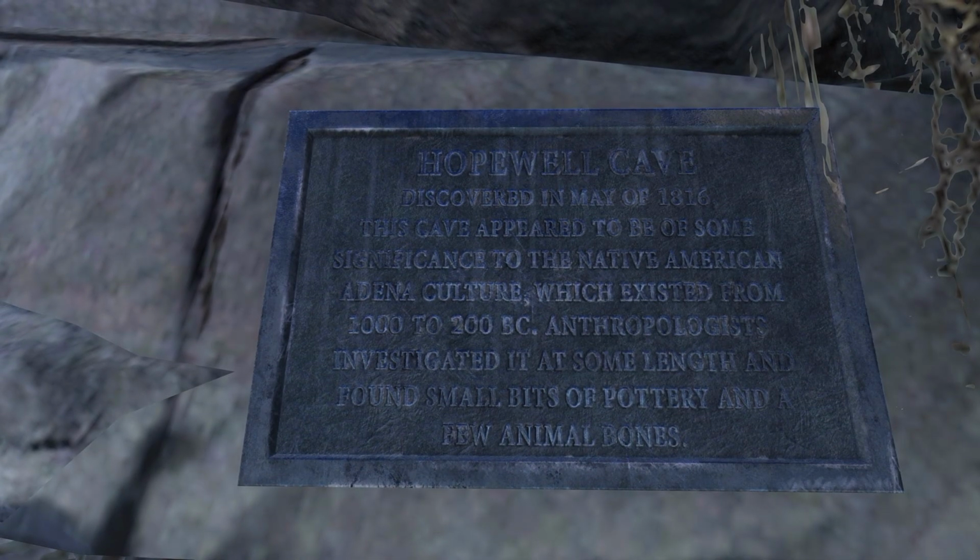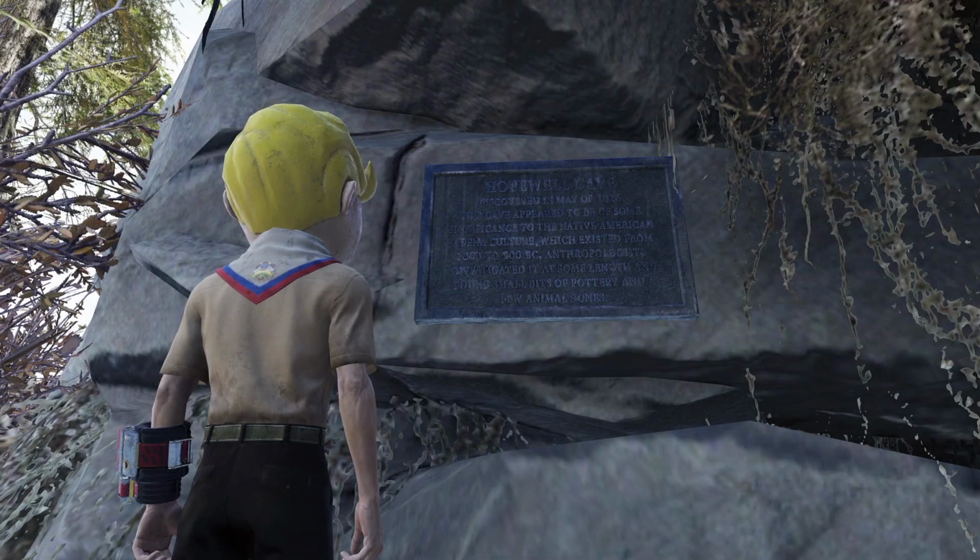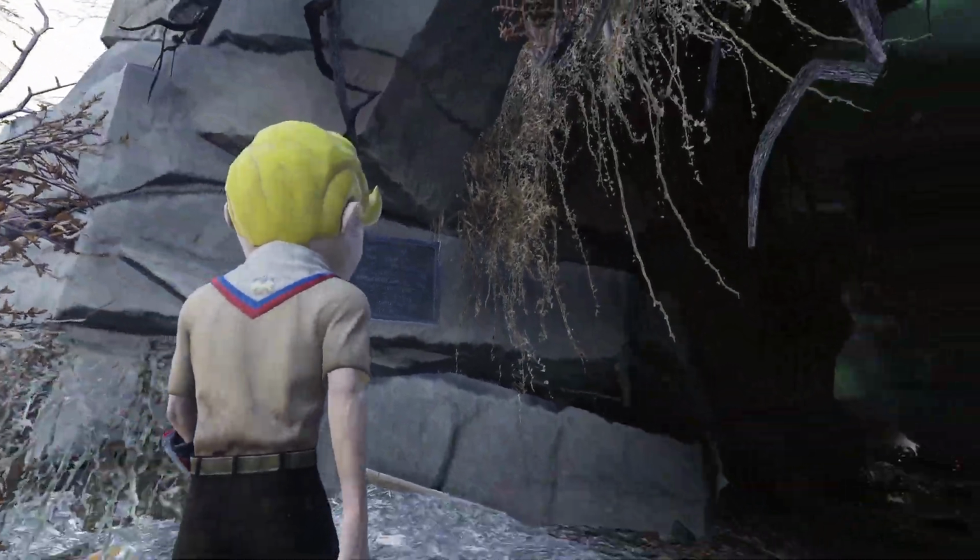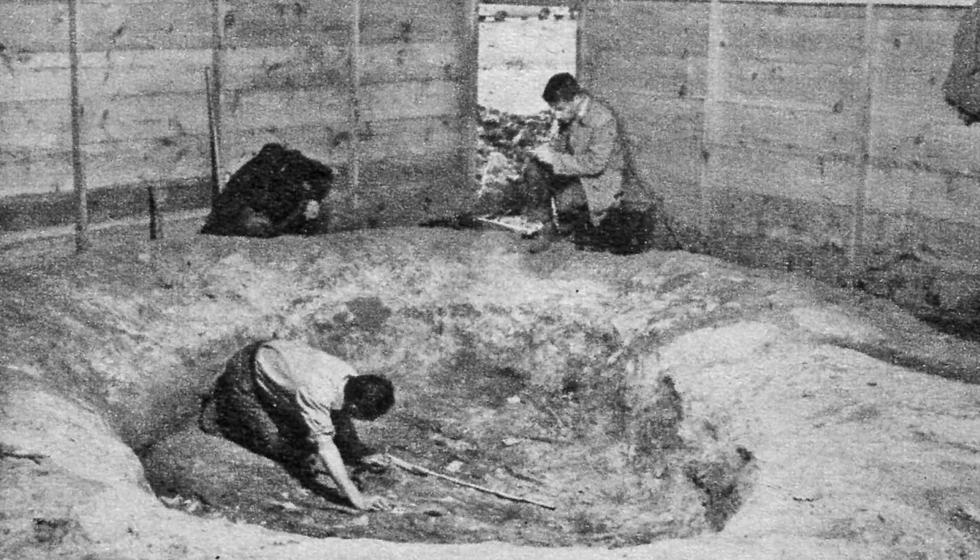It says, "Discovered in May of 1816, this cave appeared to be of some significance to the Native American Adena culture, which existed from 1000 to 200 BC. Anthropologists investigated it at some length and found small bits of pottery and a few animal bones."